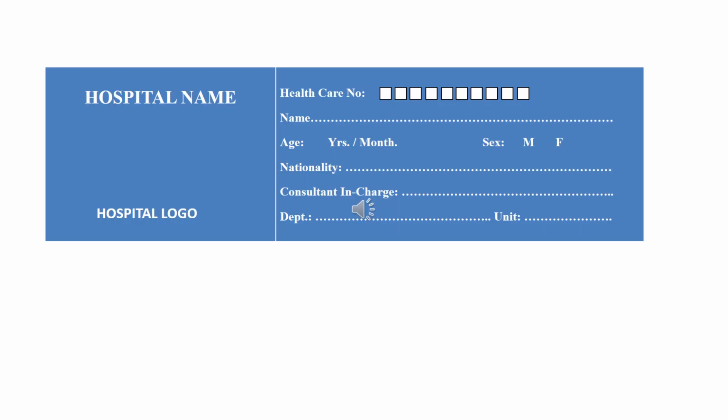Our first example is the adult outpatient general sheet. The header of this sheet usually includes the hospital name and logo with some basic information about the healthcare record number, patient data, consultant, and department and unit.